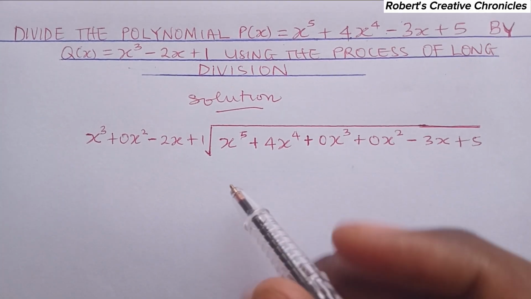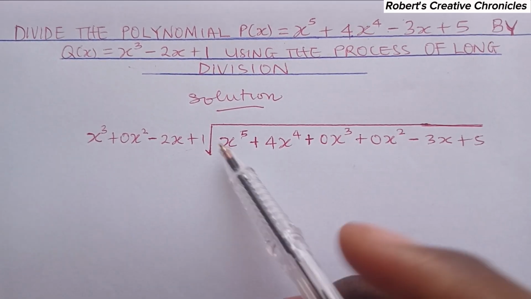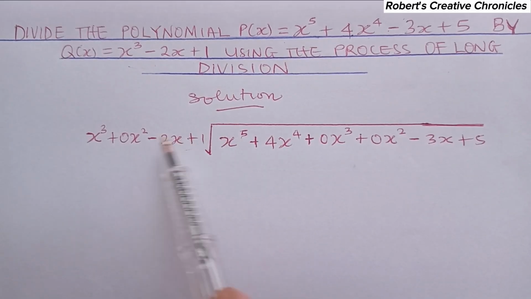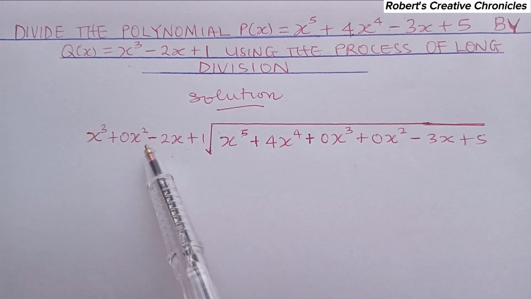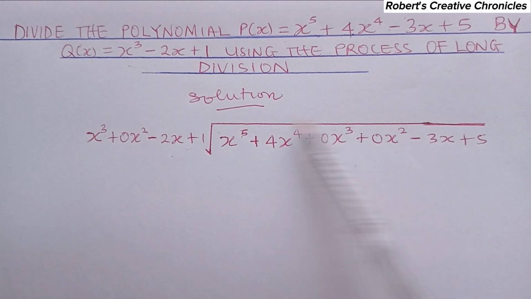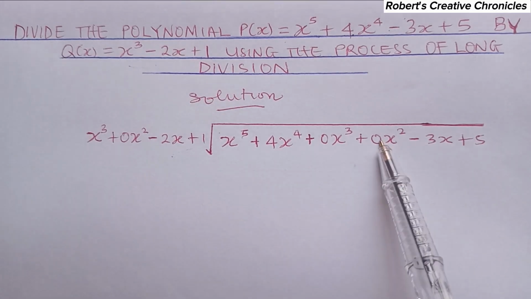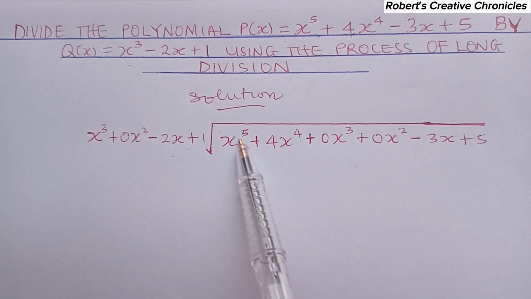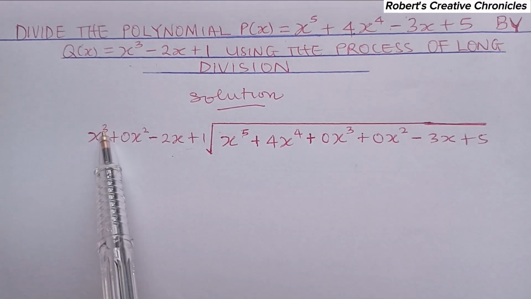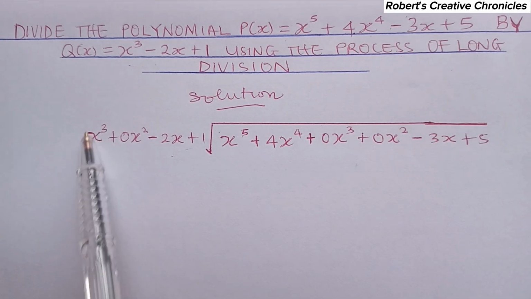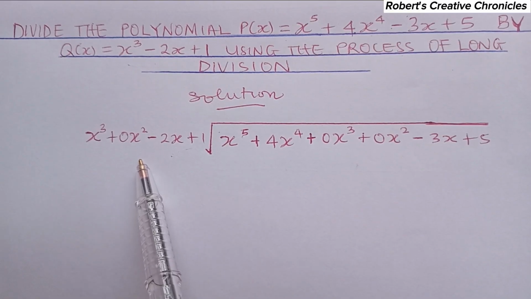Before we begin this long division, you must note that for two polynomials to divide, the degree of the divisor must be less than or equal to the degree of the dividend. This is the divisor, this is the dividend. The degree of the dividend is 5, which is greater than the degree of the divisor, which is 3. If this degree were 6 and this 5, we cannot do this division.